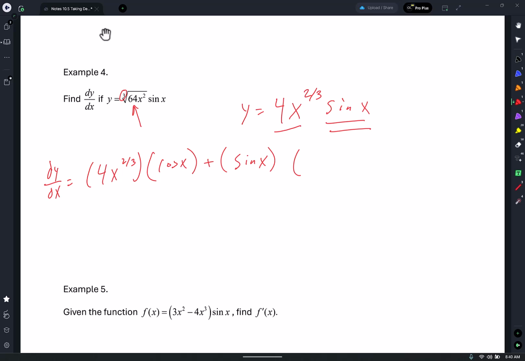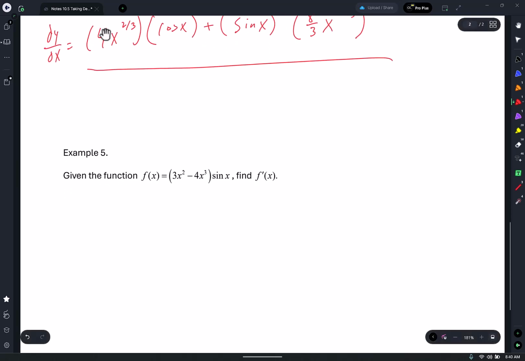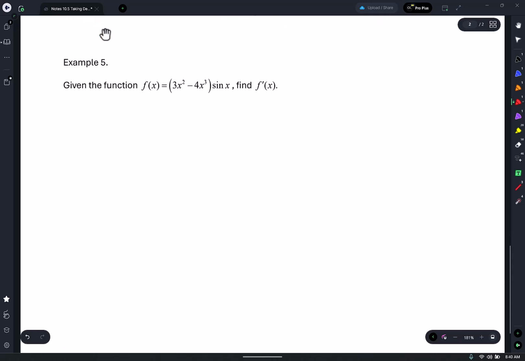So what's 4 times 2? So 8/3 x to the negative 1/3. You subtract 1 from the exponent. Does that make sense? All right, we're going to leave it like that. That's fine for now. Later on we'll talk about how we want the answer.